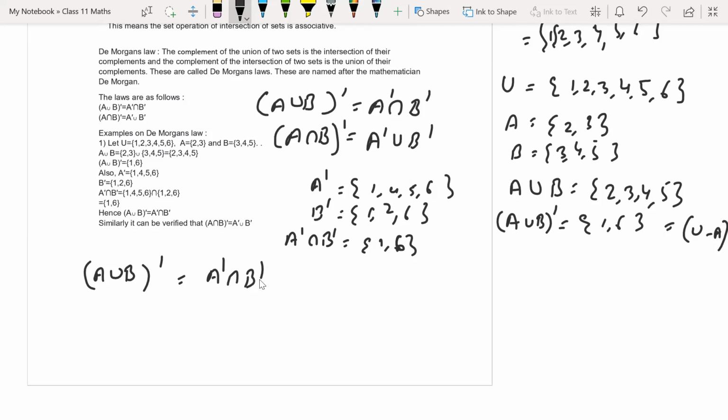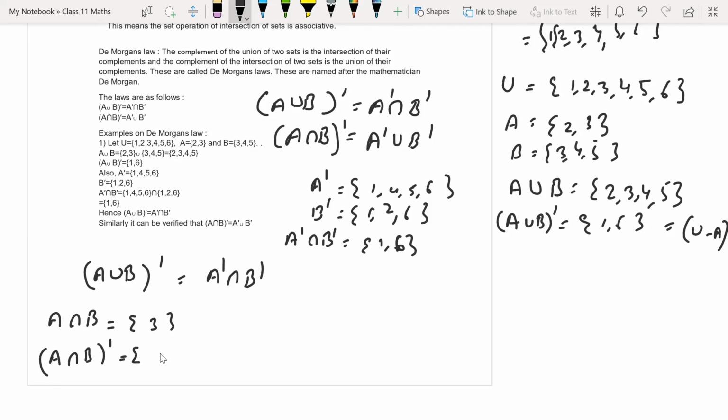Similarly, it can be verified with the second law. What is A intersection B? A is 2, 3 and B is 3, 4, 5. The common element is 3. What is the complement of A intersection B?